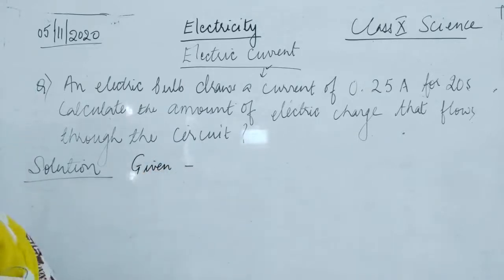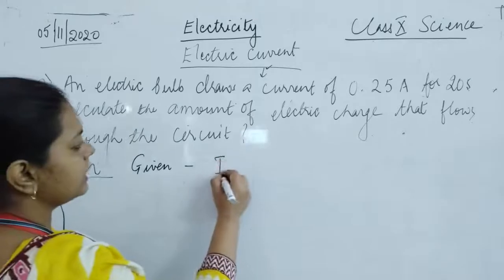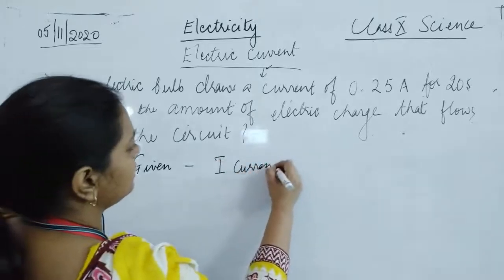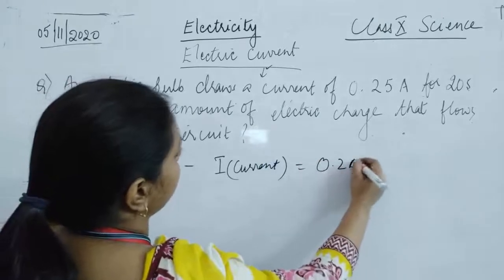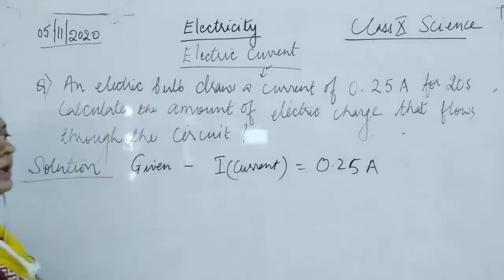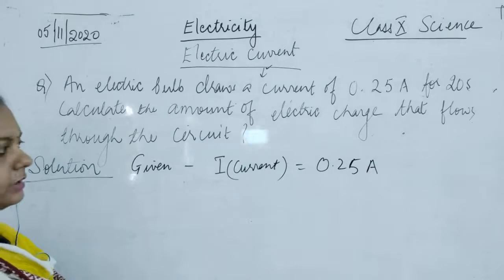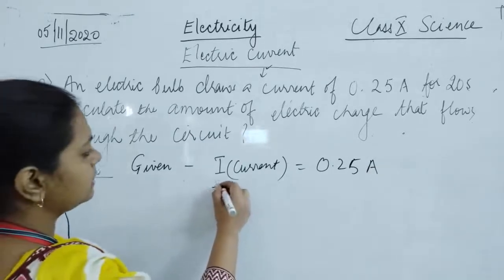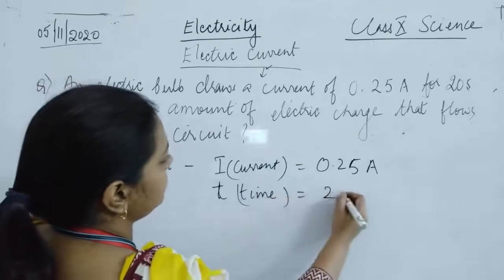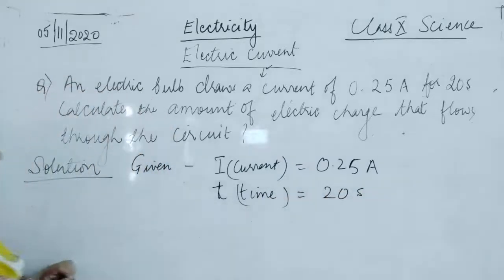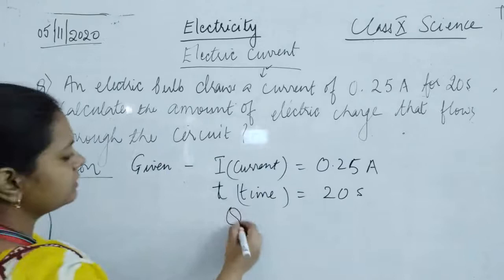We are given the current, that is I, which is 0.25 ampere. And we are also given the time, that is T, which is 20 seconds. Now we have to find out the charge.